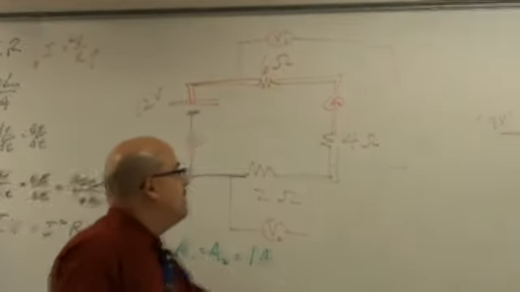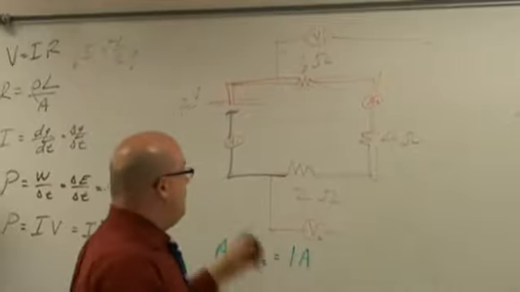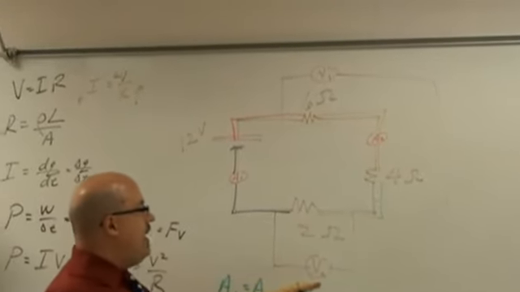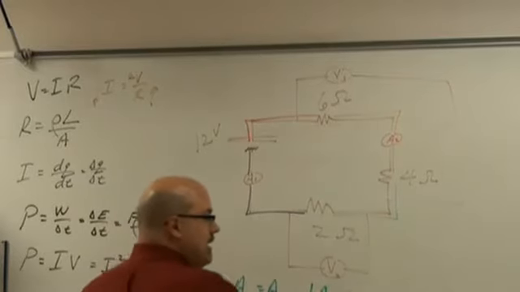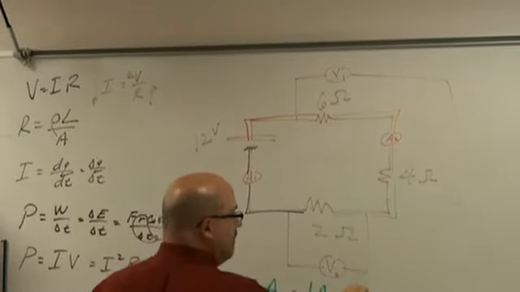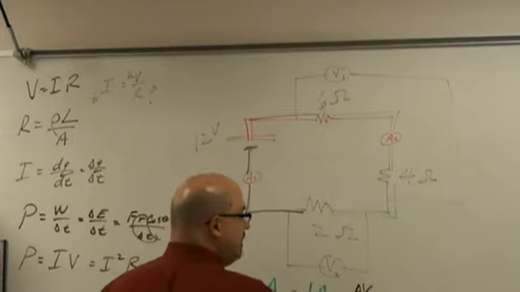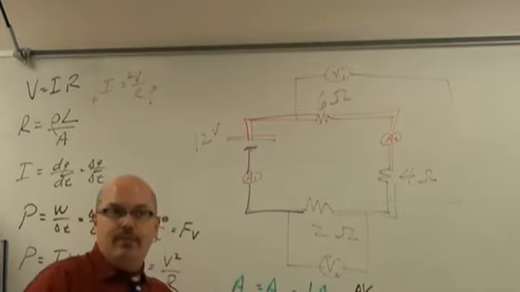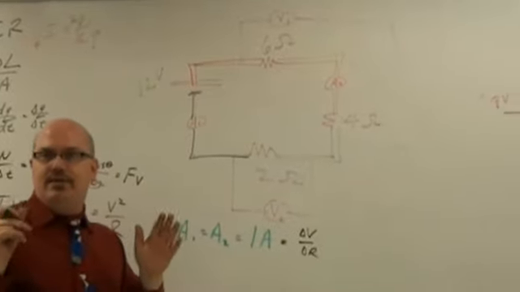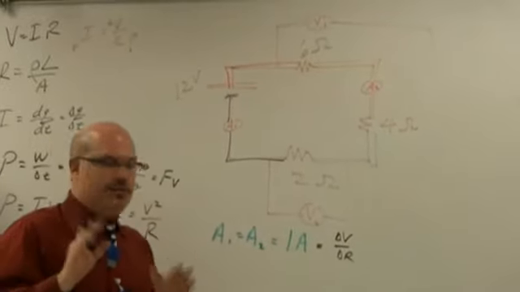Now, the thing is that in order to find what the ammeter reads, the ammeter reads what? Delta V over delta R. Now, this is really important, everybody. This is the thing that makes circuits easy if you get this.